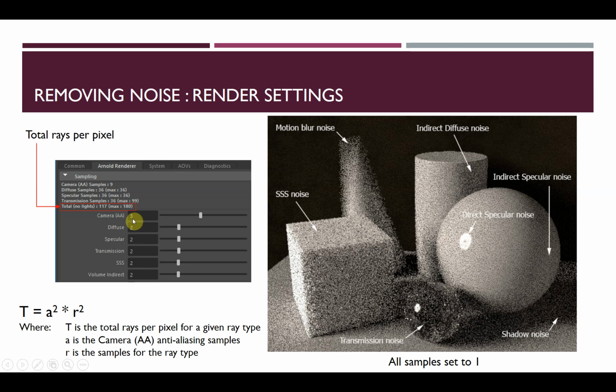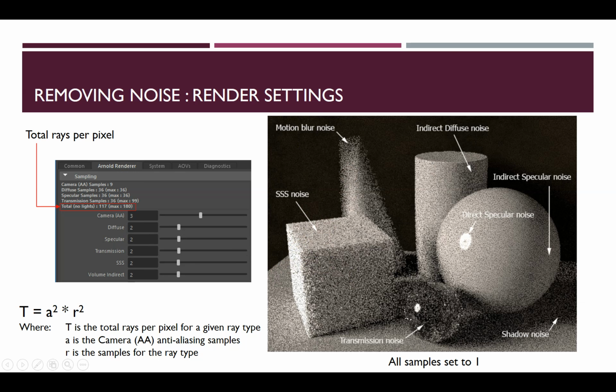The best way to imagine it is that for each pixel, our camera AA is subdividing that pixel into a 3x3 grid, and then within each cell inside that 3x3 grid, this diffuse is dividing that cell up into a 2x2 grid, hence the multiplication.